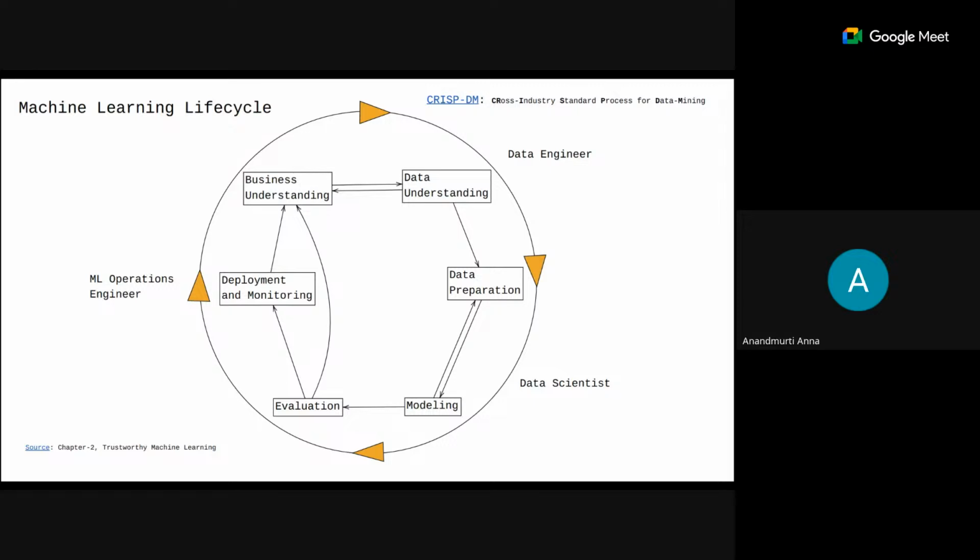Will this course, like the diploma only, will it cover the deployment and monitoring? No, unfortunately not. So in MLP we will discuss the coding aspect of what we are doing. So that will happen. Deployment and monitoring will not come in the diploma at least.